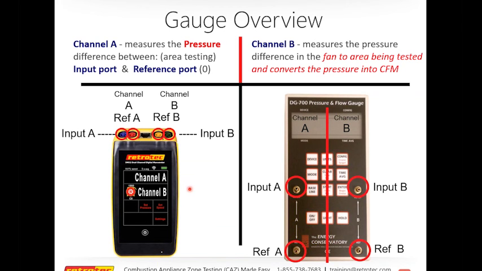And then channel B. Both of these channels, I should back up a little bit, are their own discrete, mutually exclusive manometers. Channel A tells you the difference between two points, the input and the reference, and channel B tells you the difference between its two points, a reference and an input.